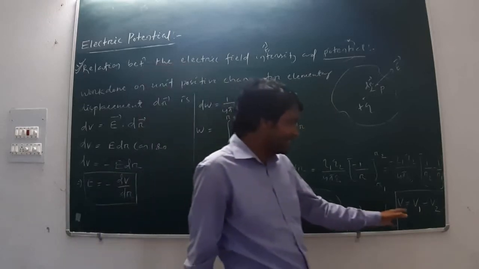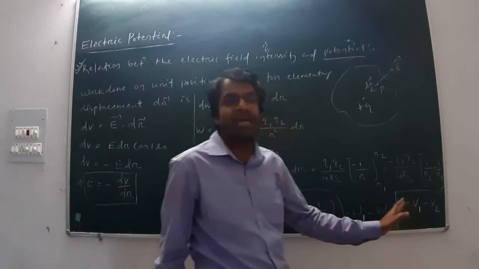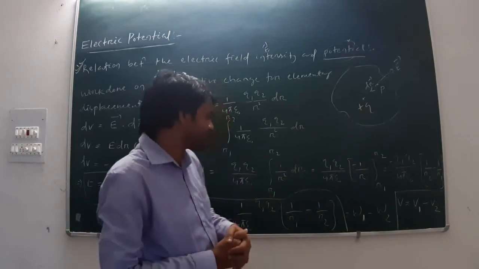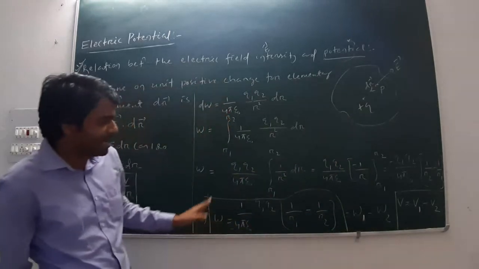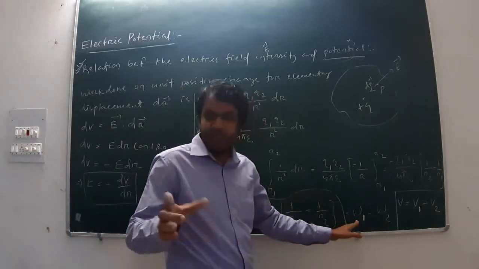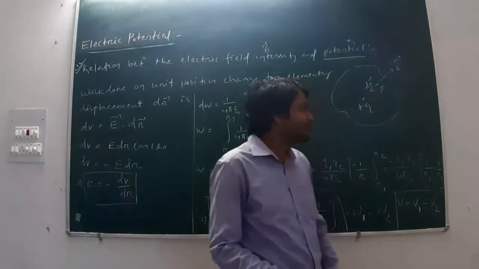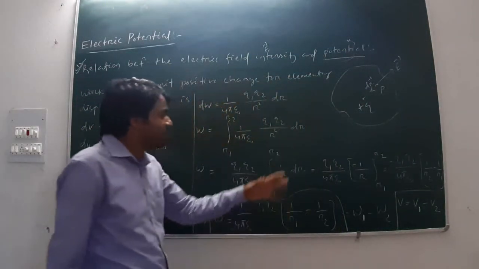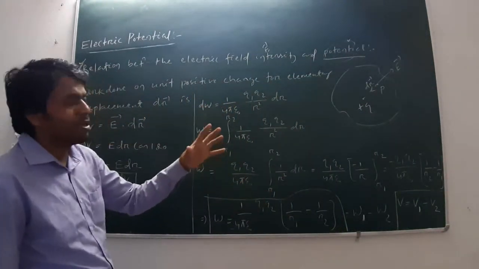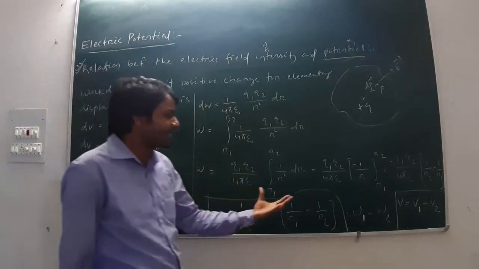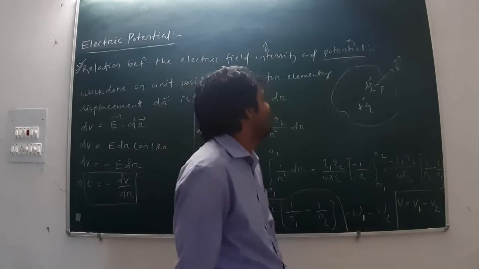This is the difference of the potential and is known as the potential difference between the two points. This is the total work done between the two points. This is the potential difference between the two points. This is the required expression for the electric potential, and this is the required expression for the work done.